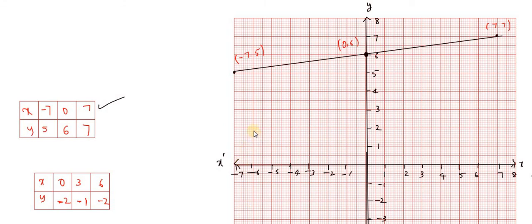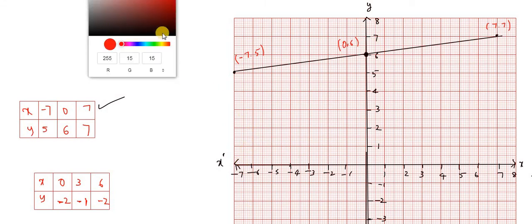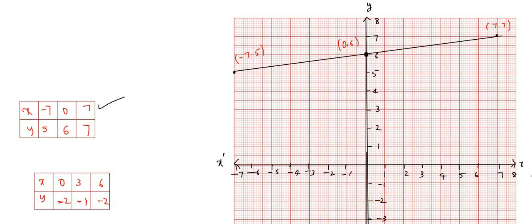Next, we'll do 0 comma minus 2, which will be here. Then 3 comma minus 1, and 6 comma minus 2? Yeah, we'll check it. 6 comma, sorry, 6 comma 0, right?